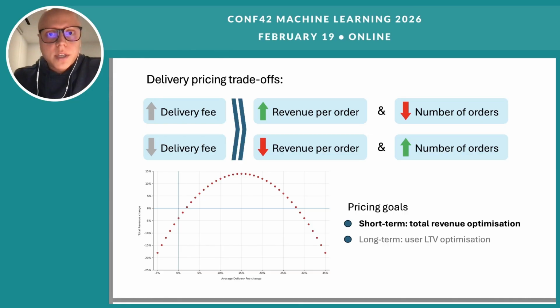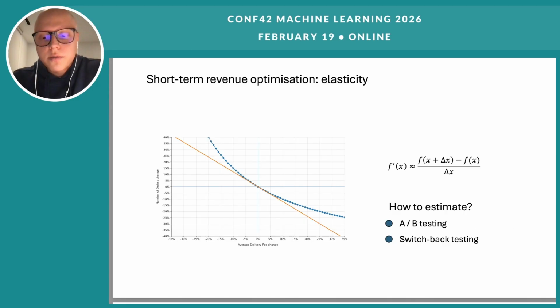This is the trade-off that we will be mainly discussing, and one of the core concepts that usually is looked at in that context is elasticity, demand elasticity, which describes how much your number of orders or conversion from a user opening a new session into a user making an order changes if you change your delivery fee.